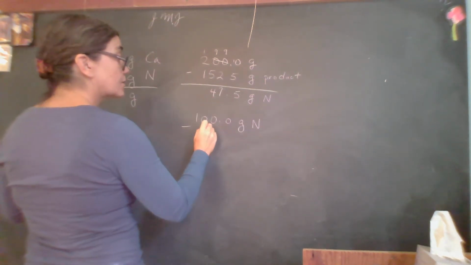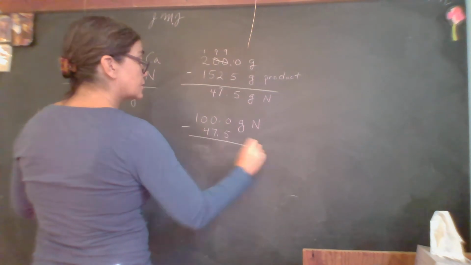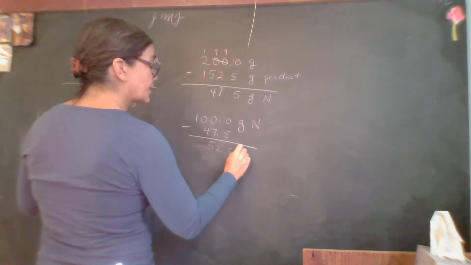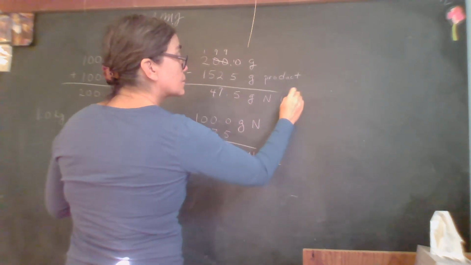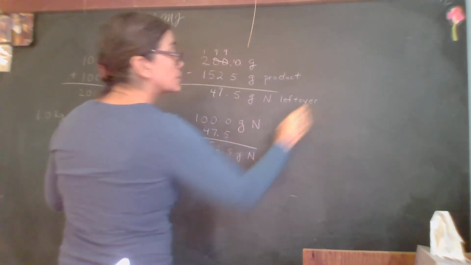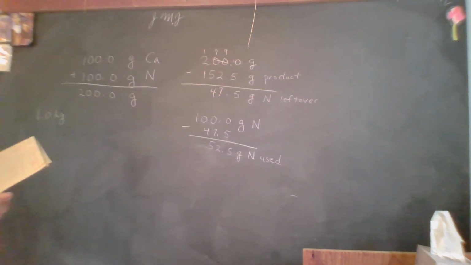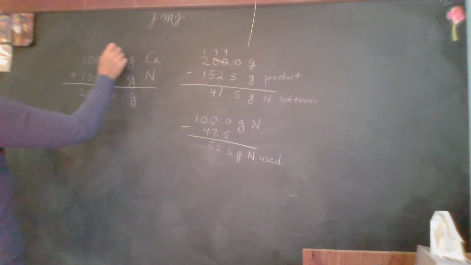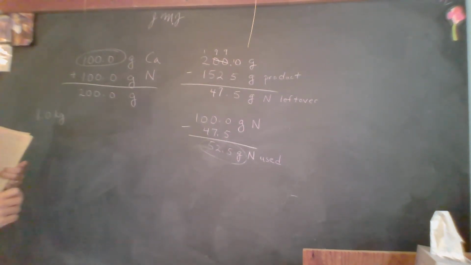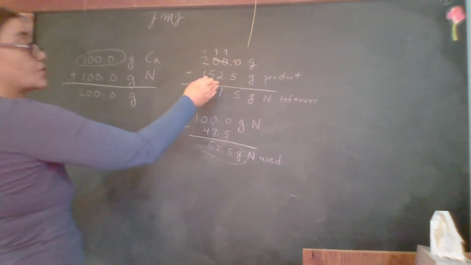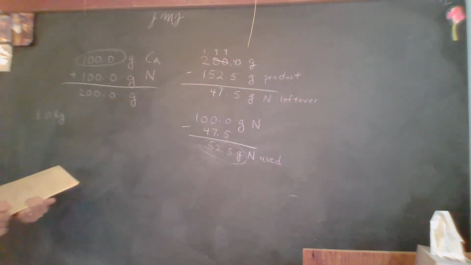Only 52.5 grams is actually used. So if that's the case, then the scientists used 100 grams of calcium and 52.5 grams of nitrogen to make 152.5 grams of calcium nitride, whatever the product is.